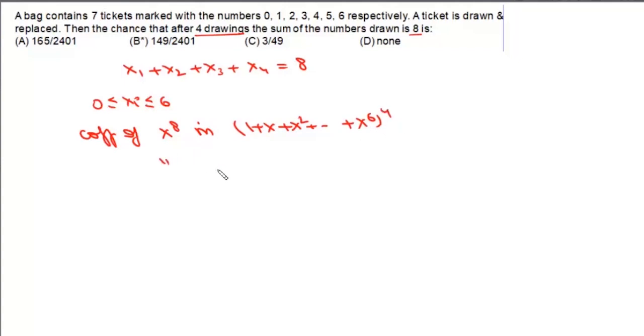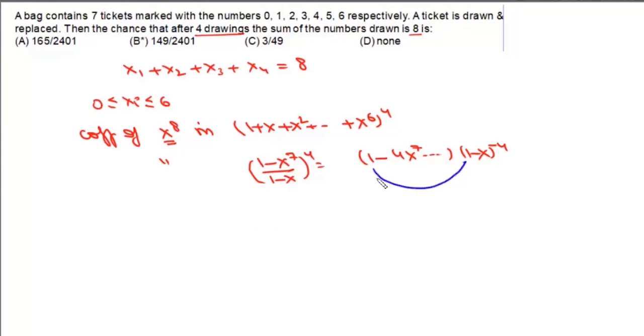So we need to find the coefficient of x to the power 8 in (1 minus x to the power 7) upon (1 minus x) to the power 4. Now we can expand this as 1 minus 4c1, that is 4 into x to the power 7, and we'll disregard higher powers, into 1 minus x to the power minus 4. Now we'll get x to the power 8 when x to the power 8 gets multiplied with 1, and when x to the power 1 gets multiplied with 4 into x to the power 7.